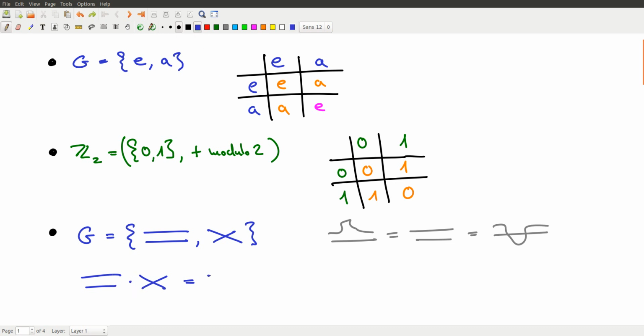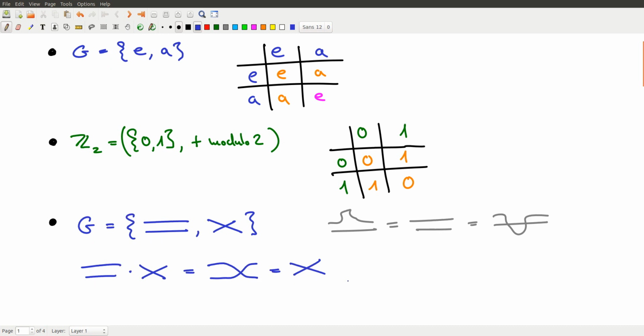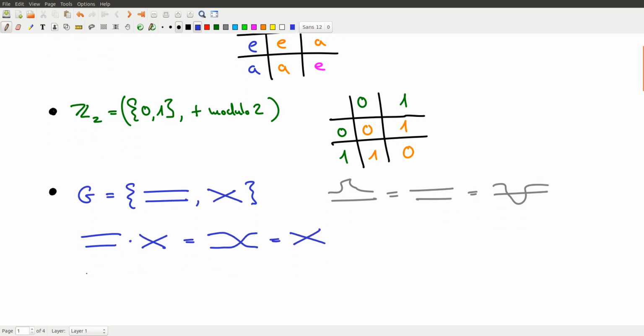So we would get something that looks like this, which is of course, by just twisting a bit or moving the point where they cross, the same as the second group element. If I multiply, for example, this second group element with itself, we get this picture here, which is just the same as the first group element.